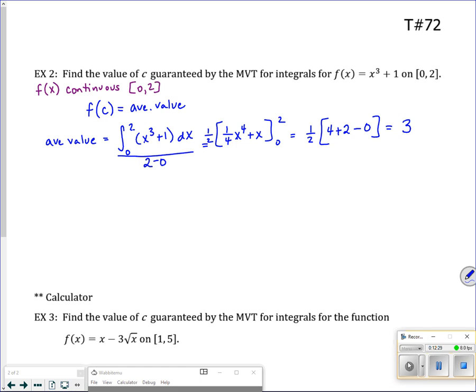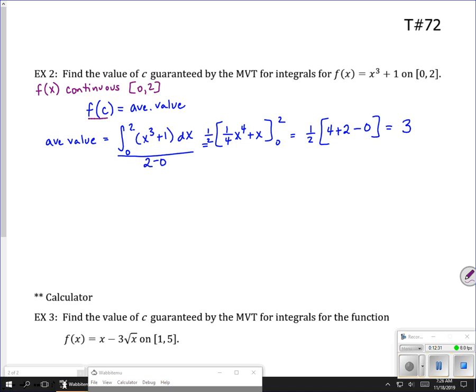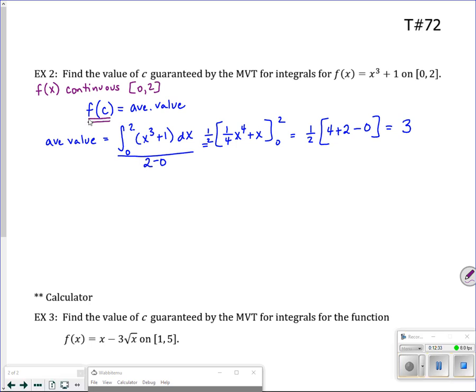Now f of C, remember that means f of. I don't usually put the C in there because I like to set my equation x cubed plus 1 equal to that value that I got, and then I end up solving.